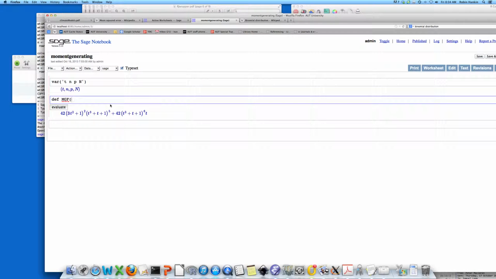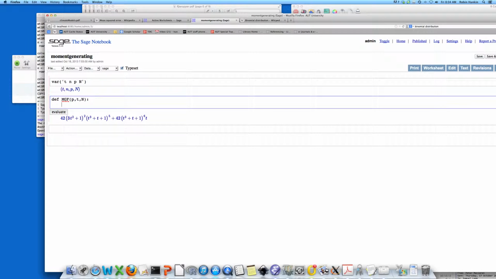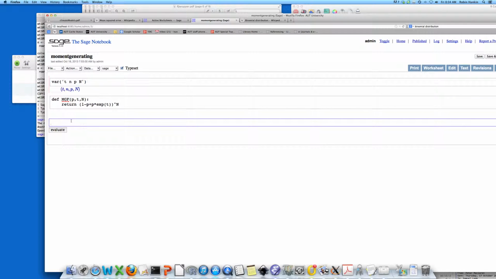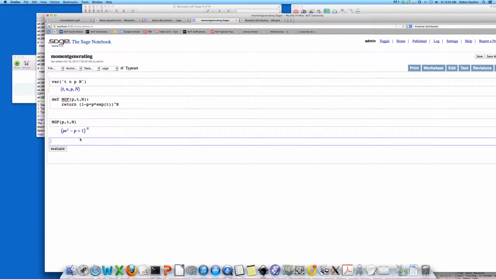Moment generating function of p, t, and capital N. And I want it to return 1 minus p plus p times exp of t, all to the power of capital N. There you go. So now if I just type MGF of p, t, capital N, it gives me that, reordered, with the 1 put at the end.